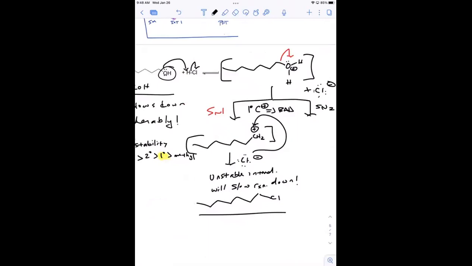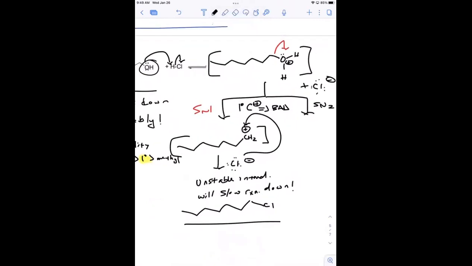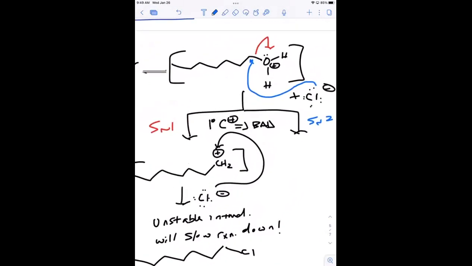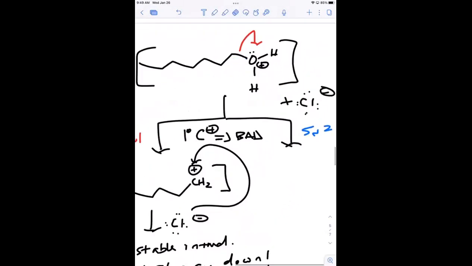So what's the alternative? To not have a carbocation, or in other words, to go through an SN2 type route where the chlorine comes in and attacks that carbon. Let me zoom in on that so I can make my arrows look halfway decent.